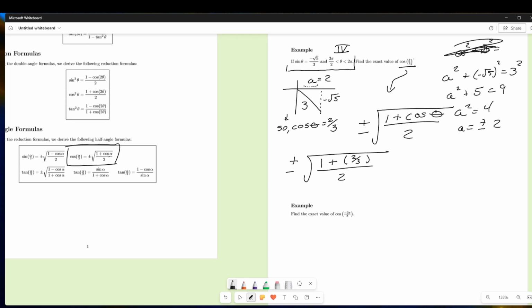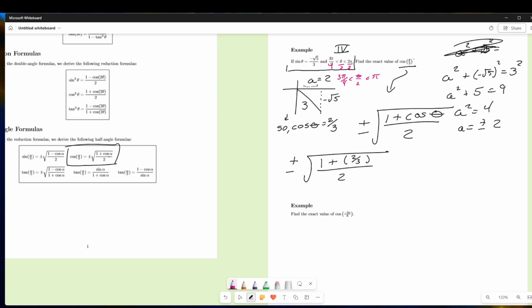So if we take this 3 pi over 2 less than theta less than 2 pi and transform it into an argument about theta over 2, divide everything by 2. This is saying theta over 2 has to be between 3 pi over 4 and pi.